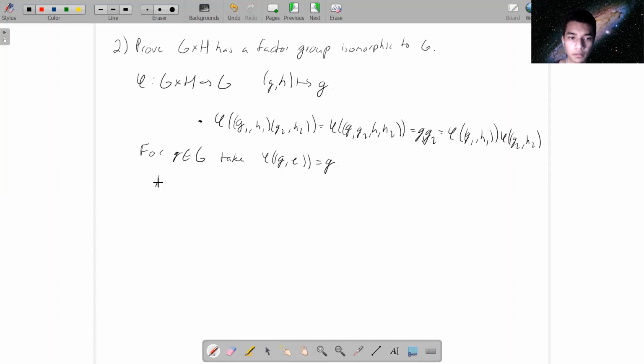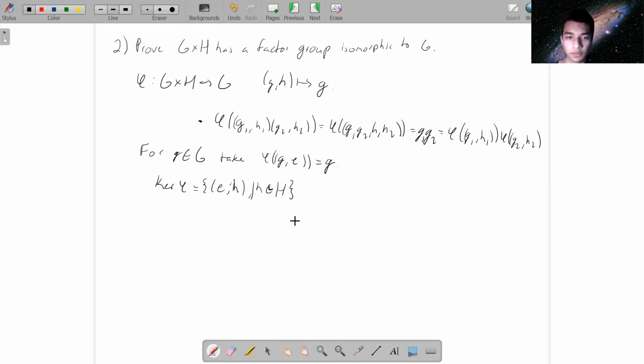And finally, the kernel of phi is precisely those elements that look like (e,h) for some h in H, as these are the elements that map to the identity, and only these.